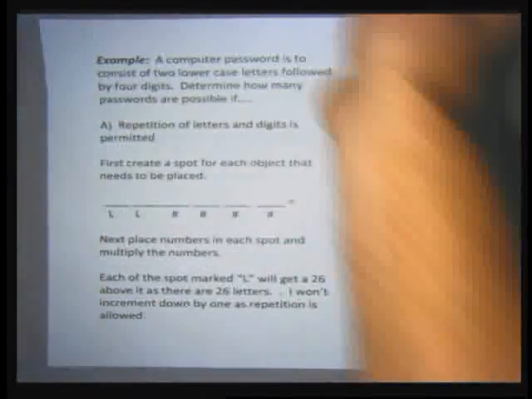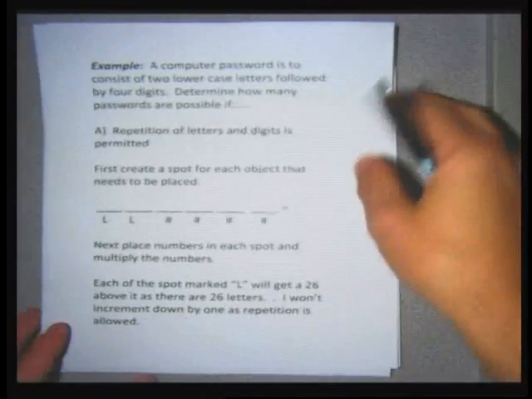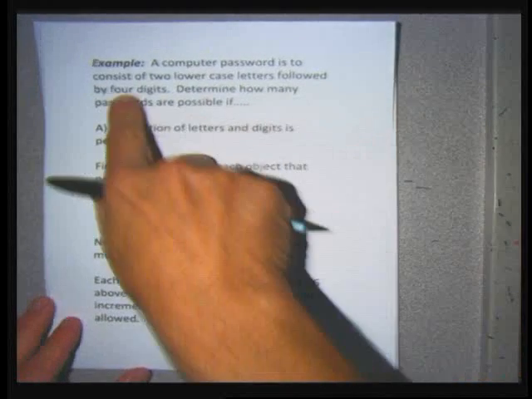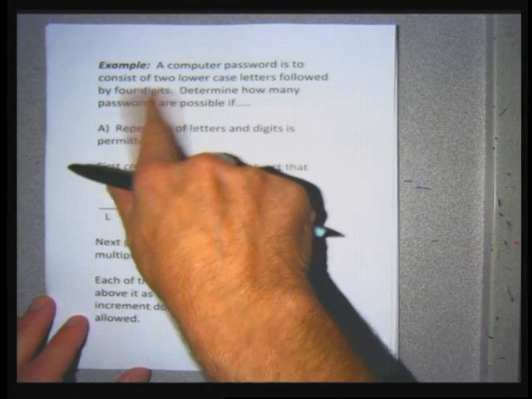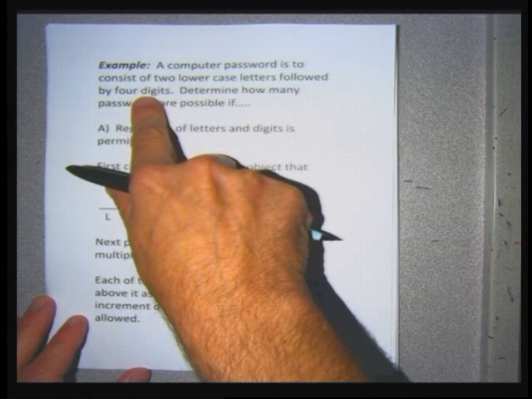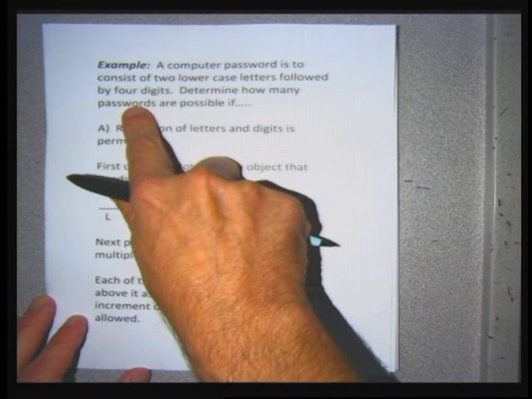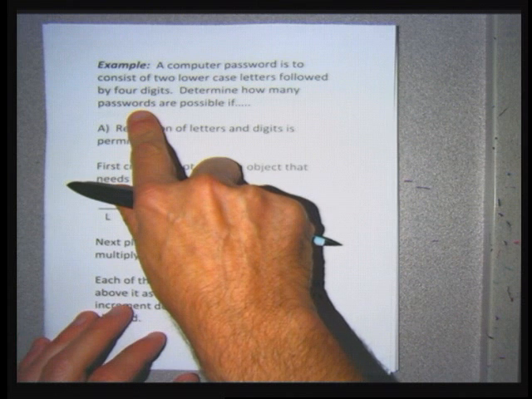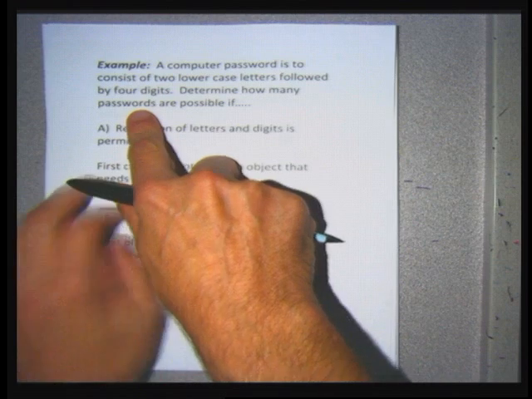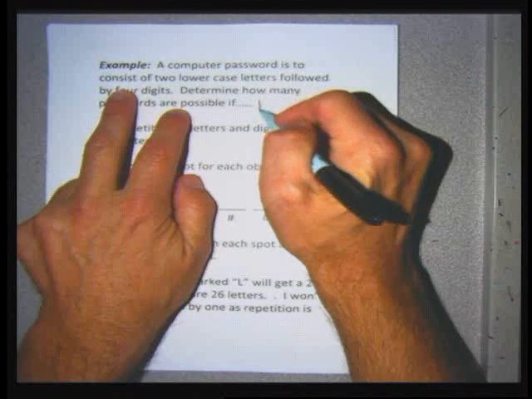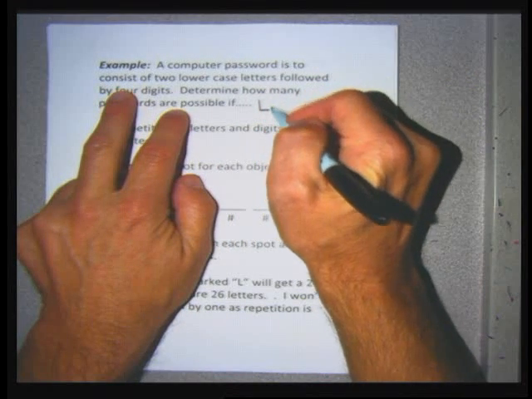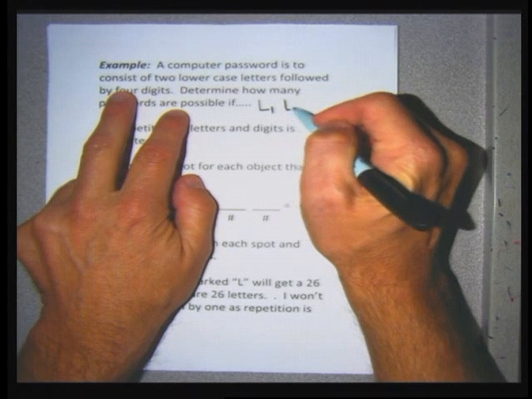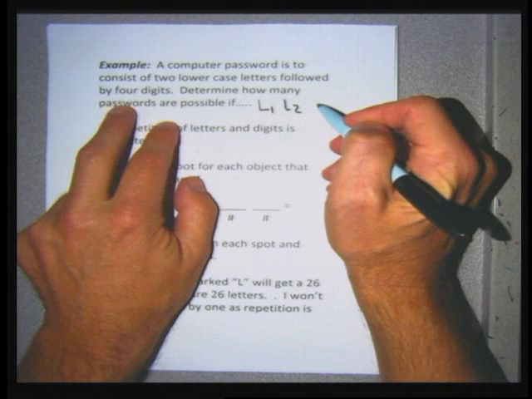So, example: a computer password is to consist of 2 lowercase letters followed by 4 digits. How many passwords are possible? This is an experiment problem. My experiment is picking a letter for the first letter in the password, a letter for the second letter in the password, and then 4 numbers.